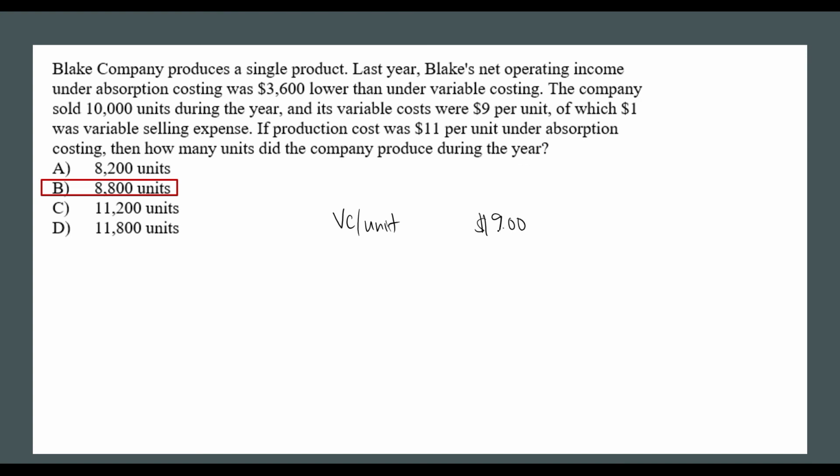However, it includes the variable selling expense of $1. So let's put it in here. We need to deduct this one in order for us to get the $8 that is referring to the product cost excluding fixed manufacturing overhead.